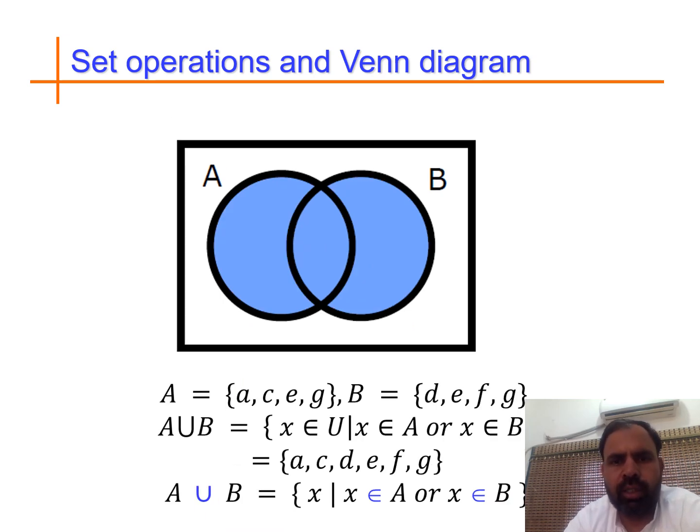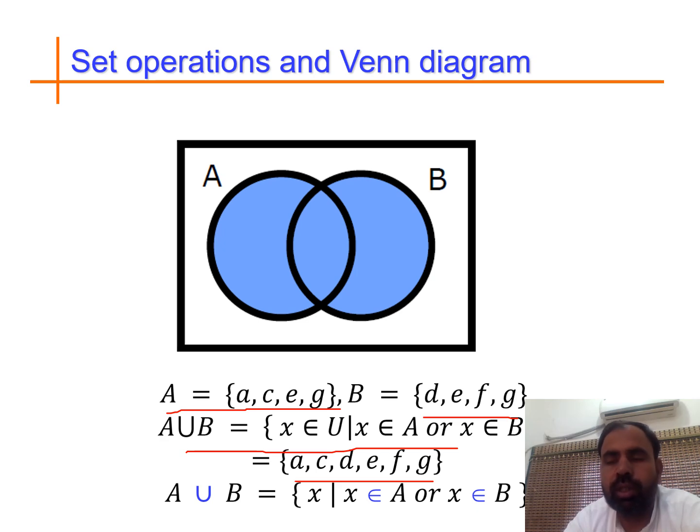Here we take the example of union in a Venn diagram. If we take A as A, C, E, G and B as D, E, F, G, if we write A union B, we can write it as X belongs to U such that X belongs to A or X belongs to B, and that is A, B, C, D, E, F. This is the union set.